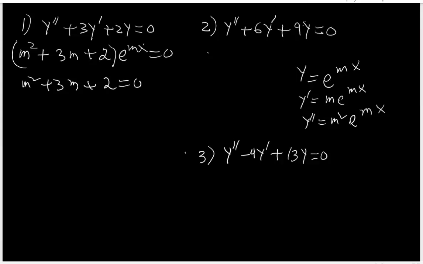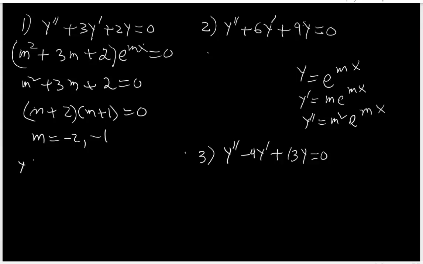Now factor this trinomial. You will find m plus 2 times m plus 1 equals 0. So then m equals -2 and -1. These zeros are real and distinct.